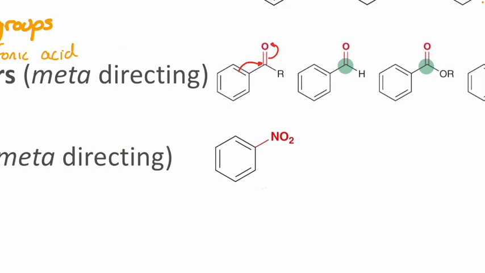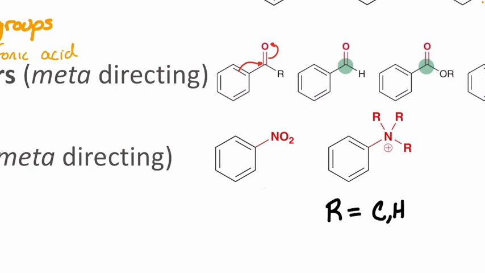Strong meta-directing group. Okay. Any sort of a fully maxed out nitrogen such that it has a positive formal charge. So R can either be carbons and hydrogens or just hydrogens here, right?